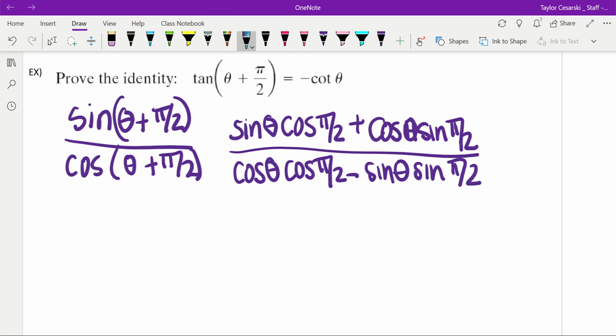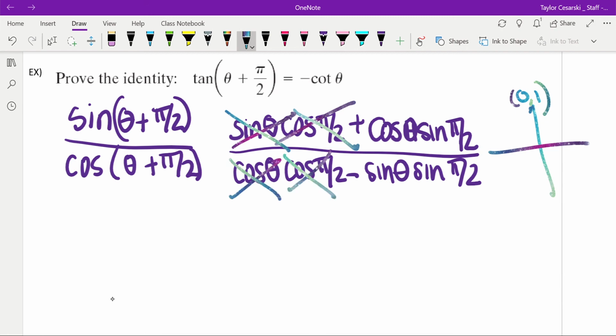All right, so let's look at pi over 2, because that's the angle I'm talking about here. So that's 0, 1 on my unit circle. So the cosine value of that is 0. So this is going to cross out, this is going to cross out, and this is going to cross out, because I'm multiplying by 0. Now, this guy right here equals 1, and this guy right here equals 1.